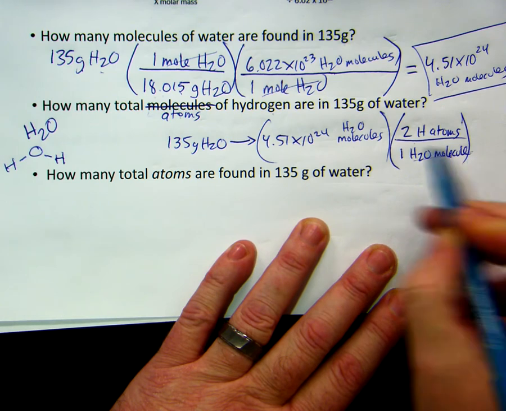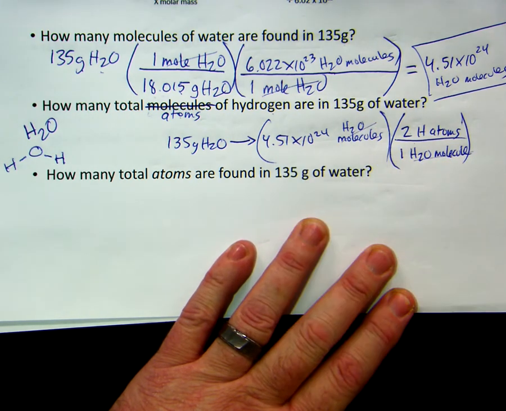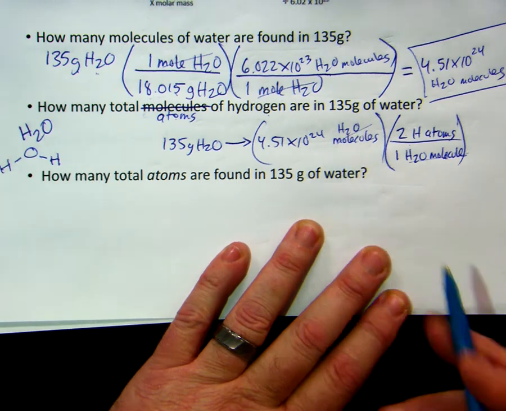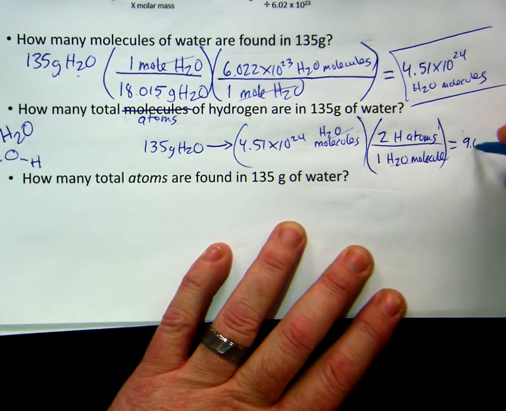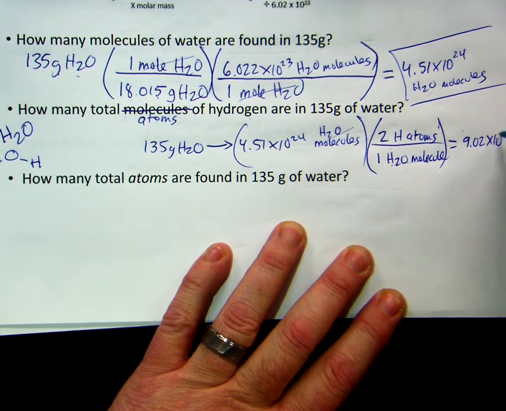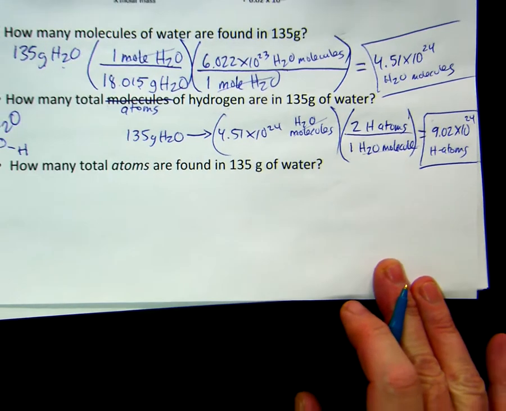So water molecules cancel out, and basically I just double my number of water molecules, and that's how many total hydrogen atoms there would be. So in my head, I would guess that'd be 9.02 times 10 to the 24th H atoms. So I just did that in my head.